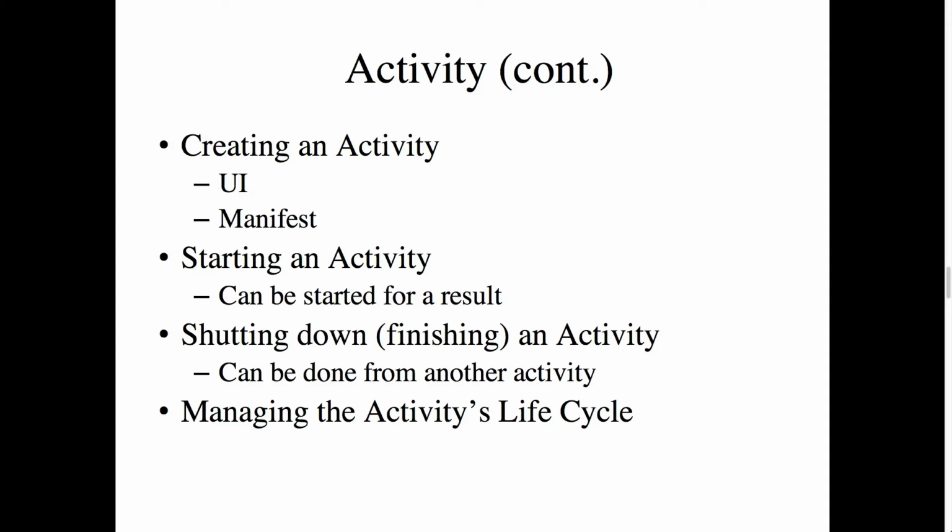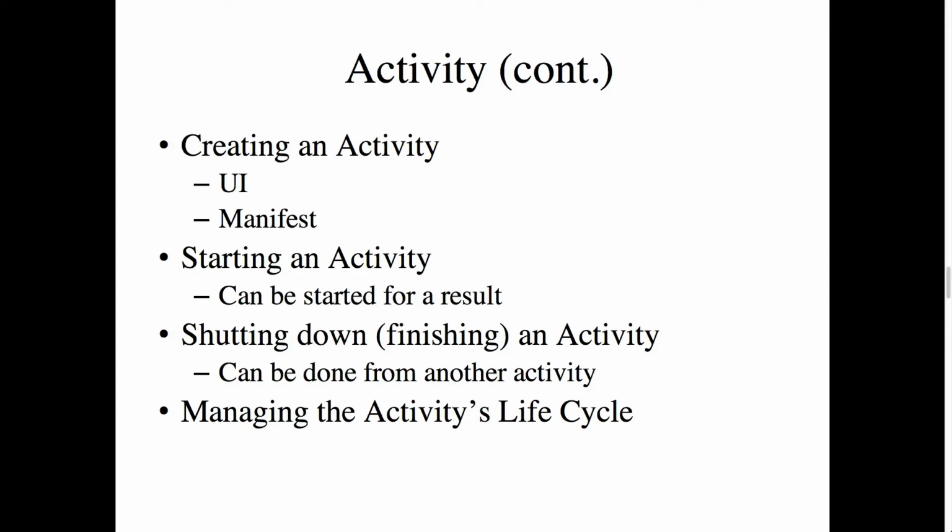Or if it's the activity that's supposed to be launched when your app is launched, you have to tell the system, by the way, when someone opens my app, this is the activity I want you to launch, because there could be many, many activities, and the Android system isn't just going to guess. So you have to specify which one happens at app startup. So you can start an activity in 2 ways.